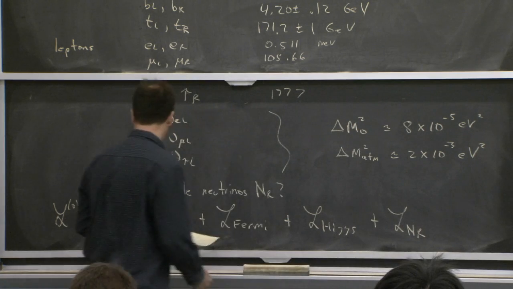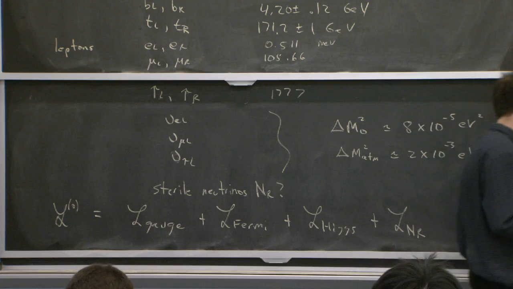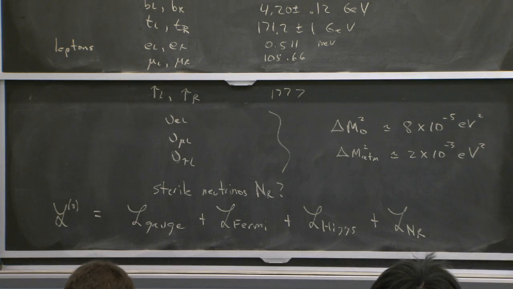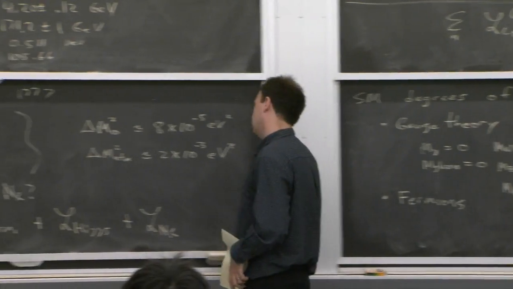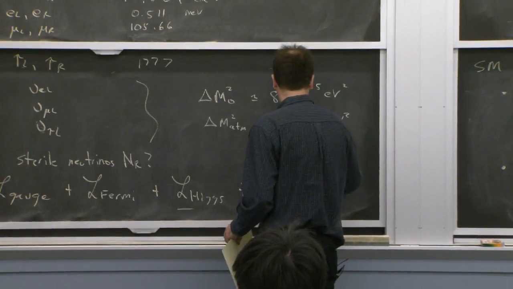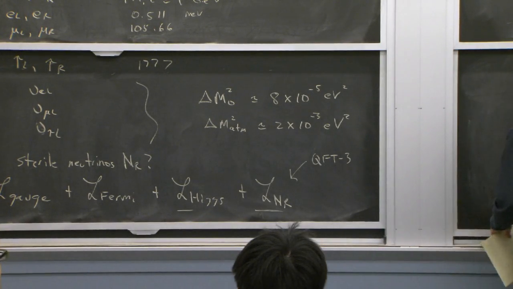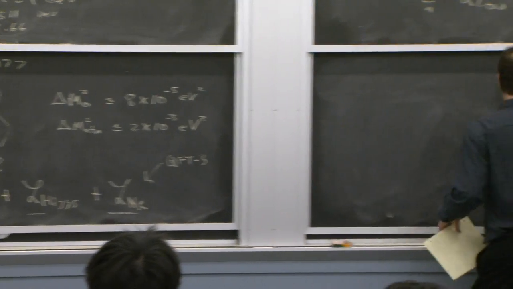OK, so the lowest order Lagrangian would be the gauge sector, the fermionic Lagrangian, the Higgs Lagrangian, and if we have right-handed neutrinos, we need a Lagrangian for them too. These are topics that come up in QFT3. I'm not even going to touch them at the moment.